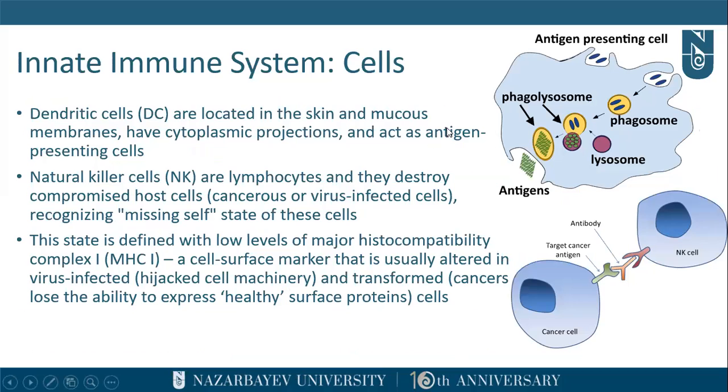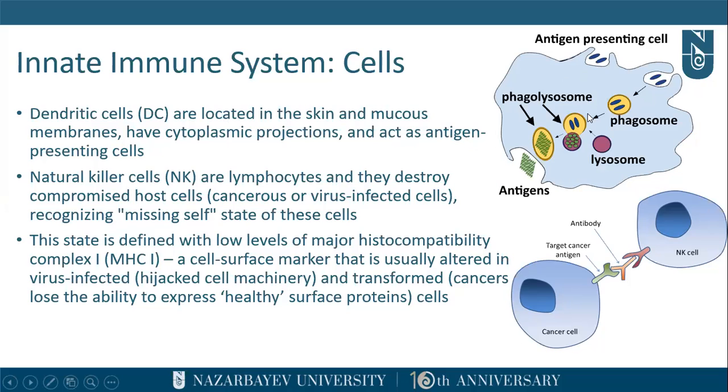So here are actually the cells. Apart from macrophages and neutrophils, we have dendritic cells and natural killer cells. These dendritic cells are antigen-presenting cells, and they are also located in the skin and in the mucous membranes. Just remember that they are antigen-presenting cells. So what is an antigen?